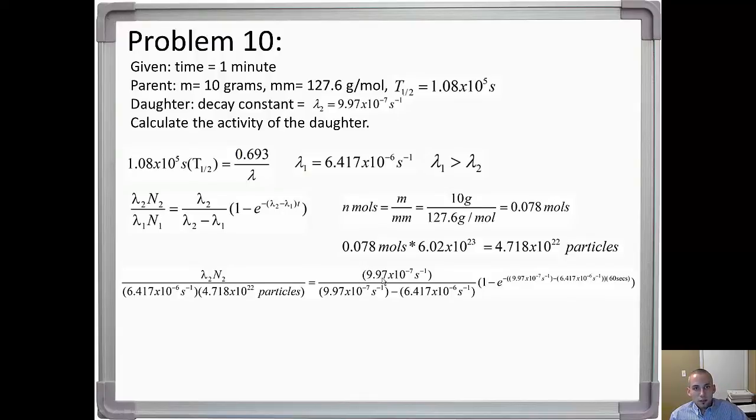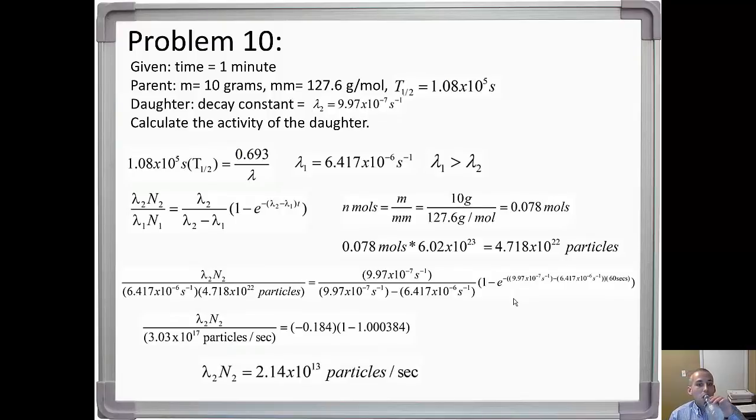Decay constant of the daughter, just from here. Once again, decay constant parent, and then we just sub in the rest. There's the time, which is 1 minute or 60 seconds, so it all works out. Now we calculate it out, and we get our answer of 2.14 times 10 to the 13 particles per second, or becquerel.